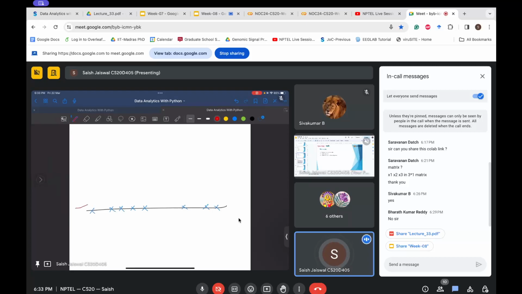One normal distribution is like this, another normal distribution is like this, and let's say another like this. So which distribution do you think will best represent the given data points?